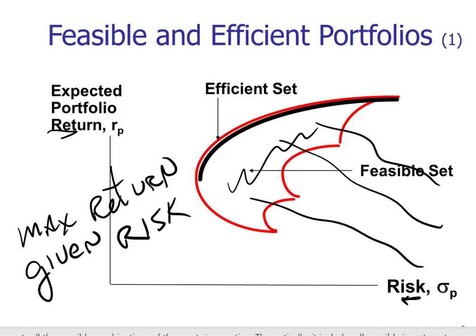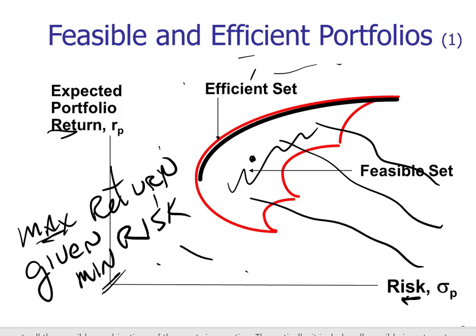So if you notice, there are no portfolios up here, and there's none over here or down here even, because there's no risk-return combination of any asset that falls outside that range. So as an investor, you certainly want to maximize returns, but you also want to minimize risk as much as possible. That's this efficient set.